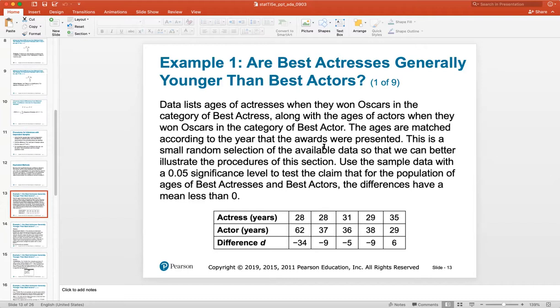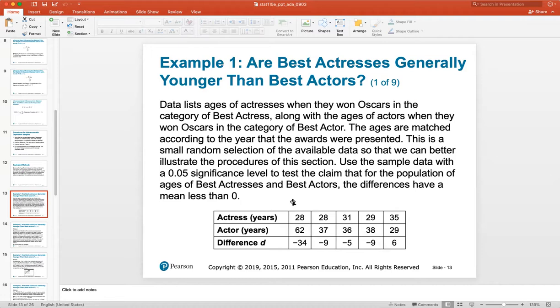This is a small random selection of the available data so that we can better illustrate the procedure of this section. Use the sample data with a 0.05 significance level, so alpha is 0.05, to test the claim that for the population of ages of best actresses and best actors, the differences have a mean less than 0. From here we can figure out the null hypothesis and the alternative hypothesis.